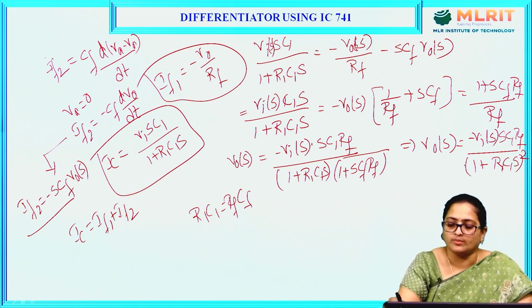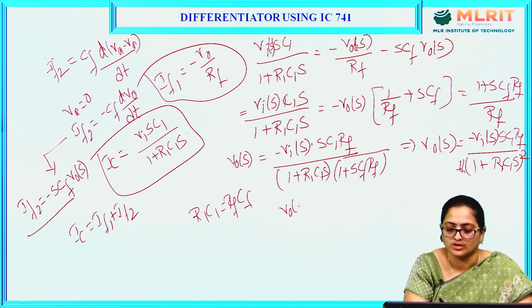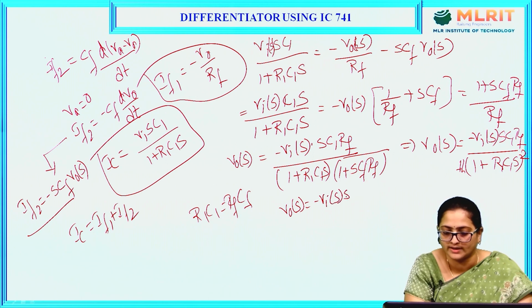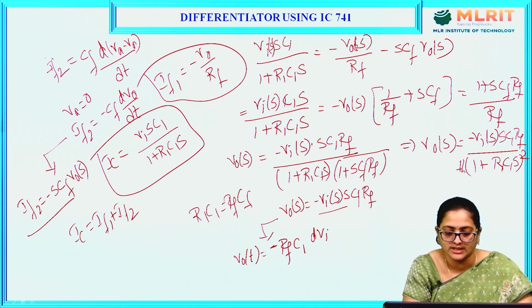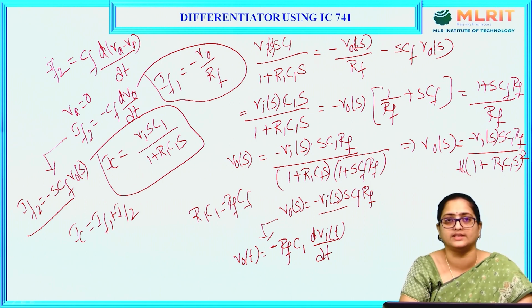If you assume this is a very small value, you can write V0 of S equals minus Vi of S into S C1 RF. If you write this equation in the time domain, you can write V0 of t equals minus RF C1 into dVi of t divided by dt.